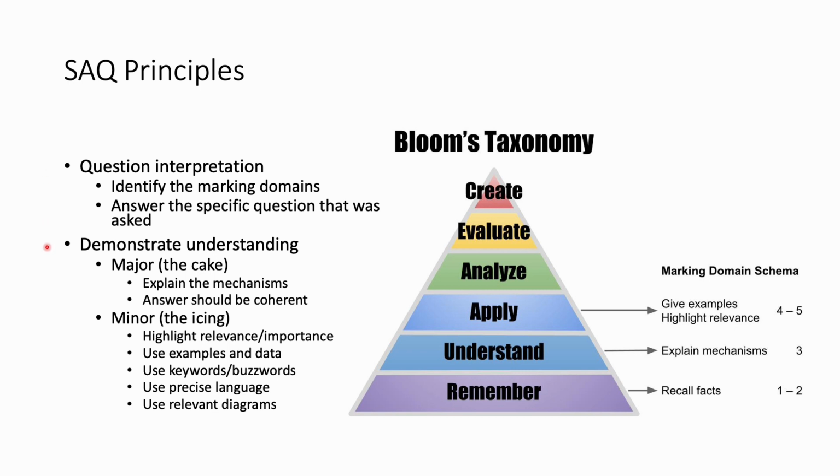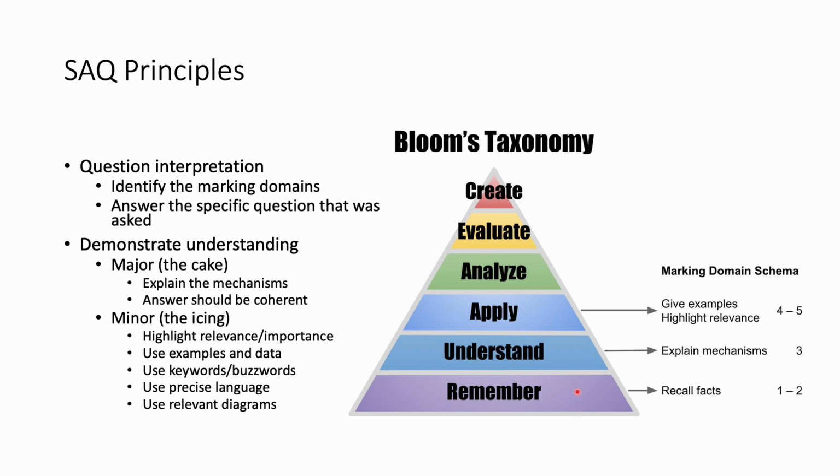And each domain is scored out of 5, and the way that you get a higher score is by demonstrating understanding of the concepts. When they developed this marking schema, they referred to Bloom's taxonomy, which is a big thing in education, and it basically divides up different levels of comprehension.